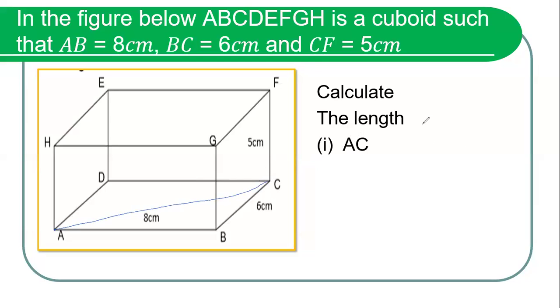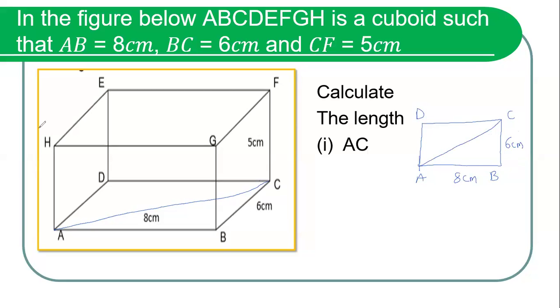When you look at our figure down, which is a rectangle, you are now seeing that we have A here, we have B, we have C, and we have D. From A to B, we have 8 centimeters, and from B to C, we have 6 centimeters. Since we are interested in finding SC, you can use any triangle of your choice.